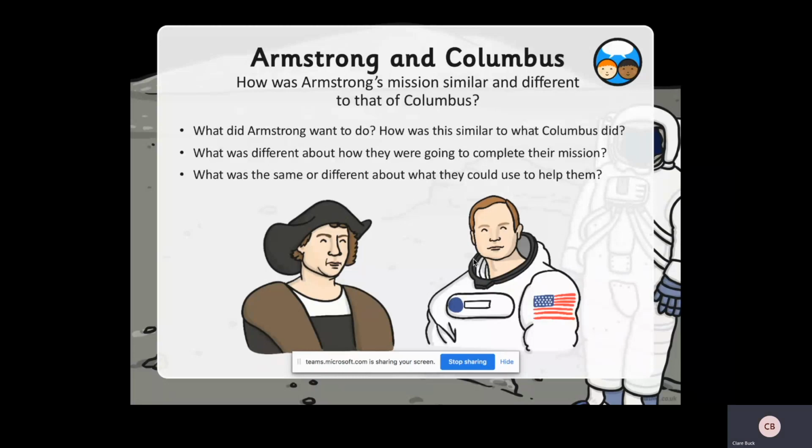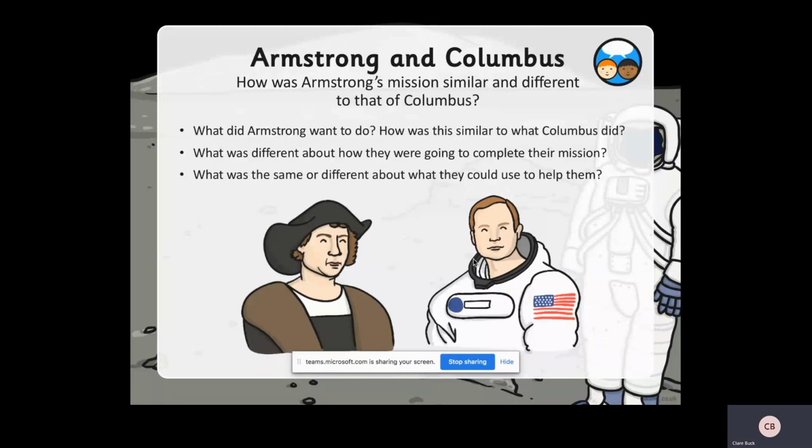What was different about how they were going to complete their mission? So think about the transport they used. Think about the technology or lack of technology they would have used. Think about what they already knew about the world or what they didn't know. What was the same or different about what they could use to help them?